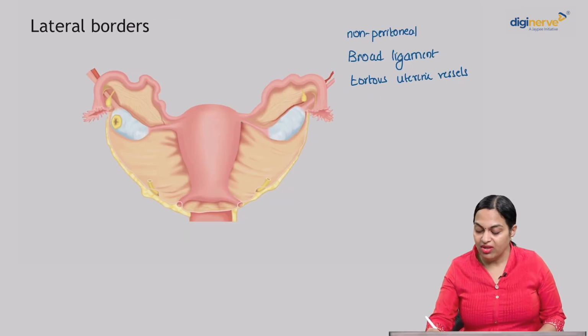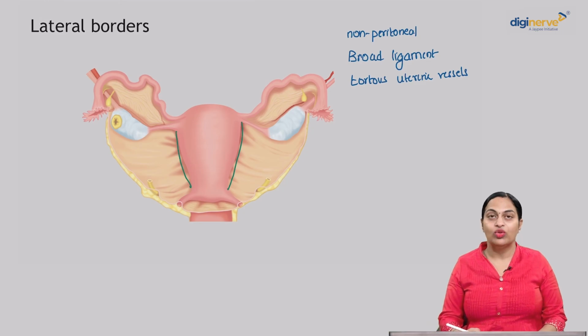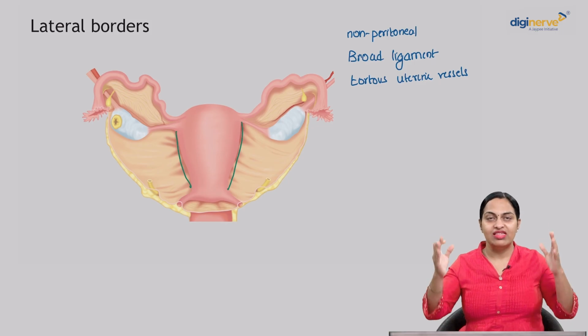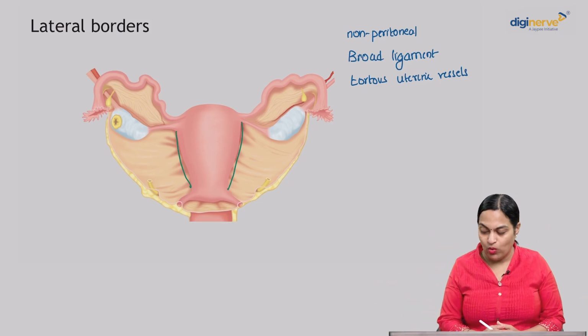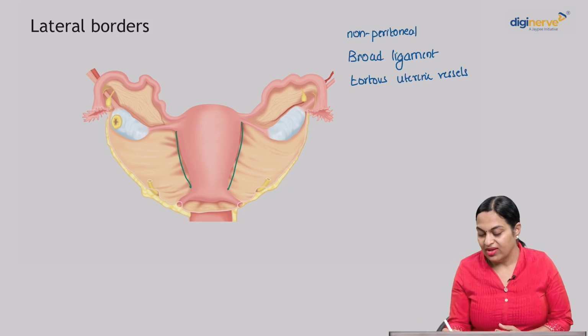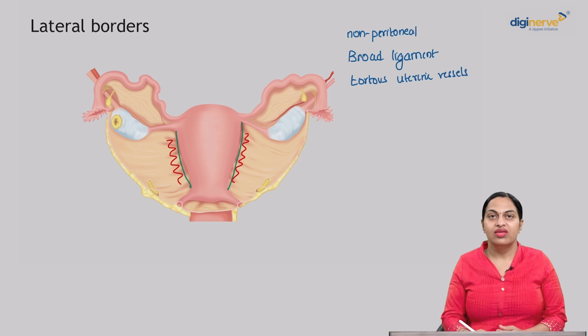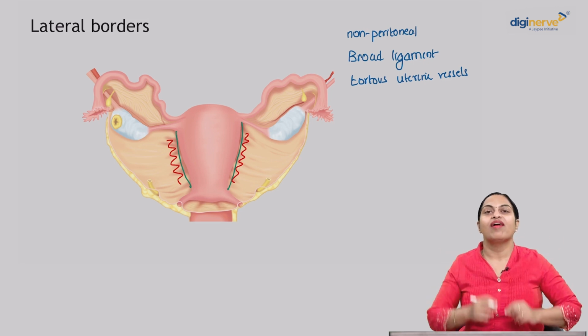Now, the lateral borders of the uterus give attachment to the broad ligament, the broad fold of peritoneum that attaches the lateral wall of the uterus to the lateral pelvic wall. And along the lateral border, within the broad ligament, we can see the uterine artery.